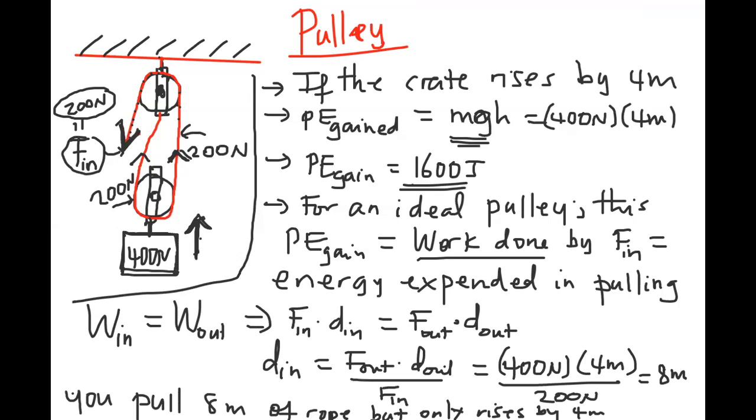All right, that's what we see there. But remember, a machine multiplies input force at the expense of distance. Well, you were able to benefit because you use a smaller force of 200 here, but then you have to be ready to pull for a longer distance, a distance of 8 meters, whilst the box only rises by what? Only rises by 4 meters.